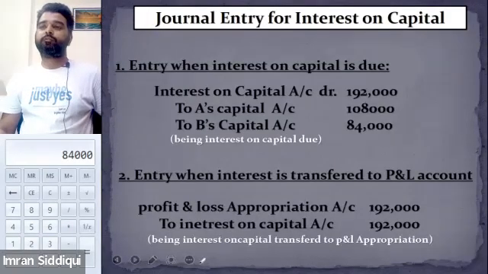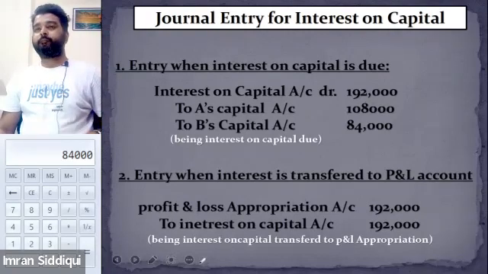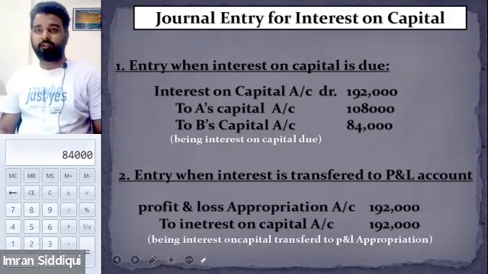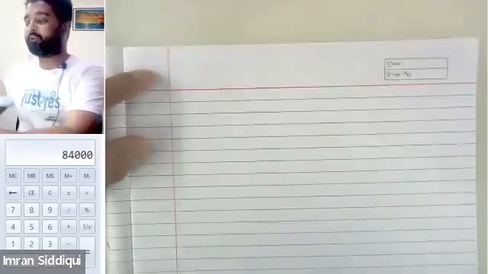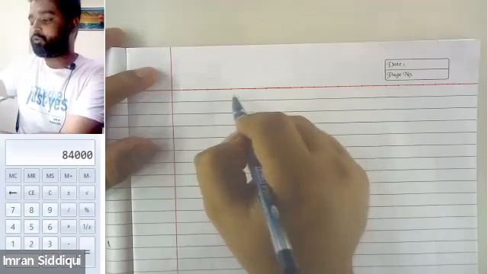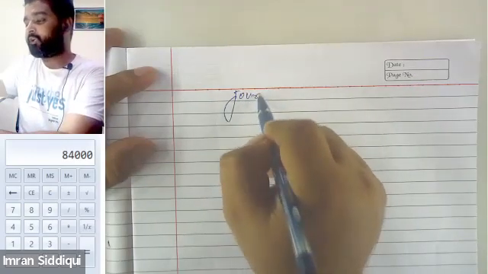Actually, one more thing. In the interest on capital, we are also required to pass the general entries. So let me explain that part to you as well. The general entry for paying the interest on capital will be, let me show you, and I want you to start writing it along with me.